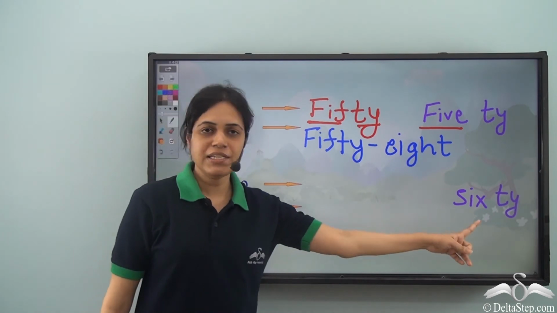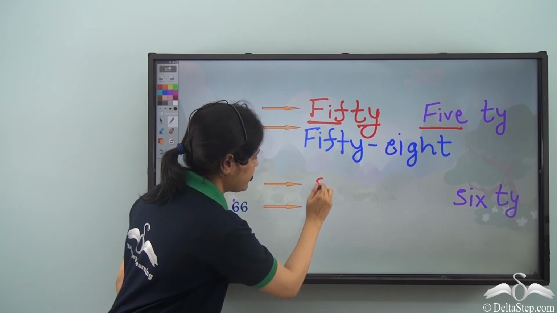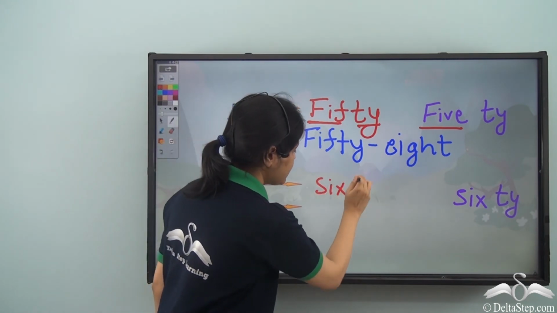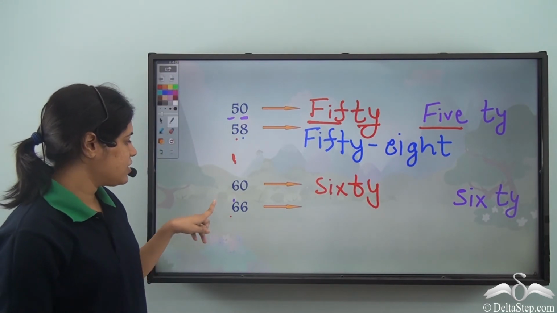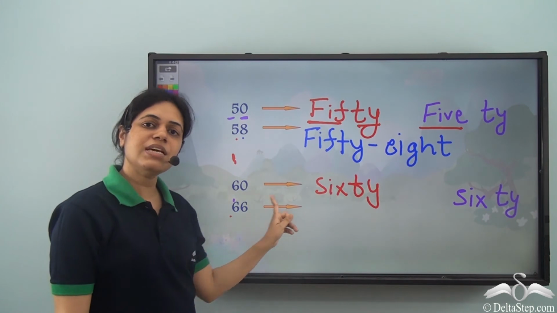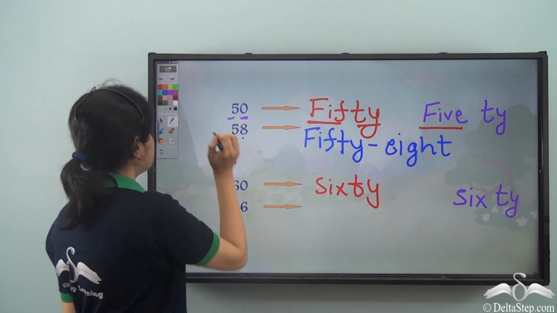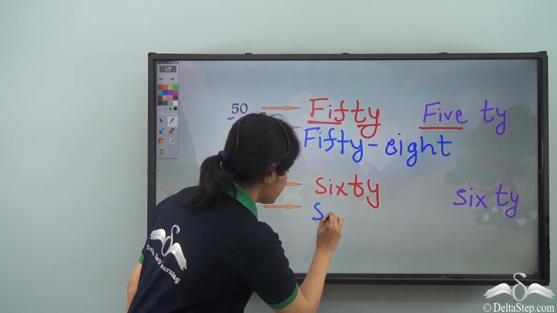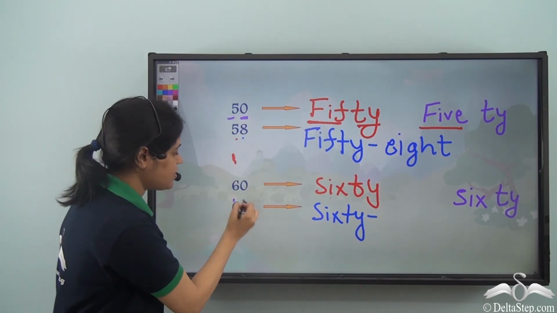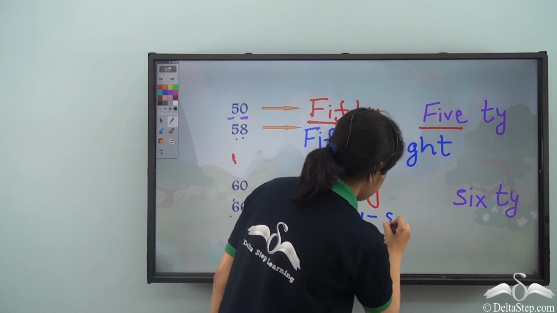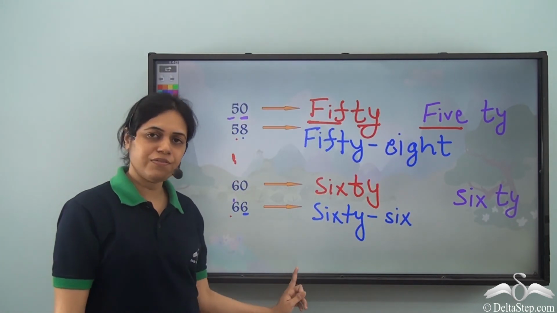So 6 and TY makes it SIXTY. 60. Because 60 is SIXTY, 66 will have the first part of the name as SIXTY, and the second part we get from this 6. 66. So this is what we have.